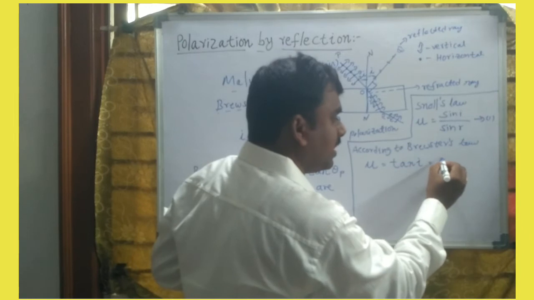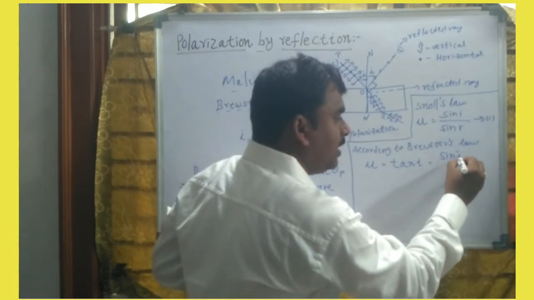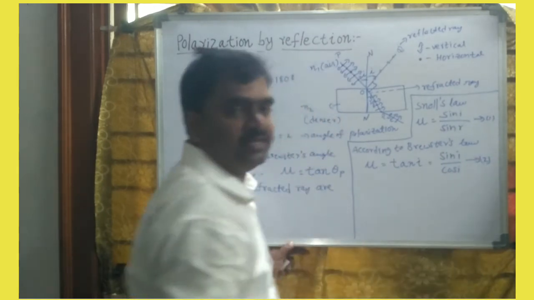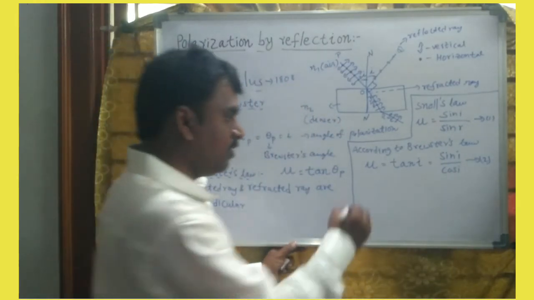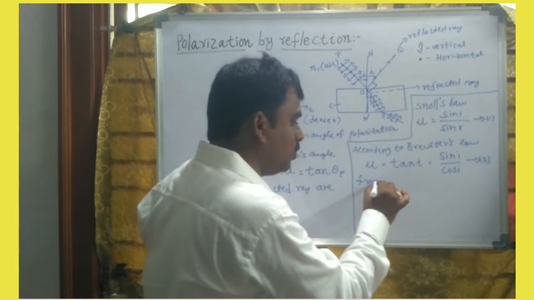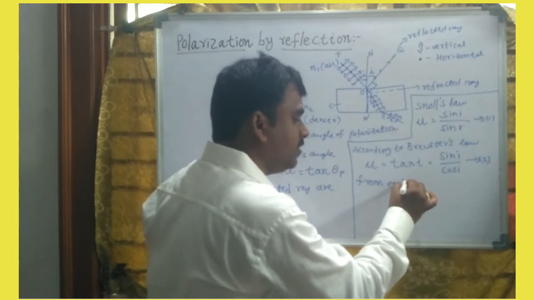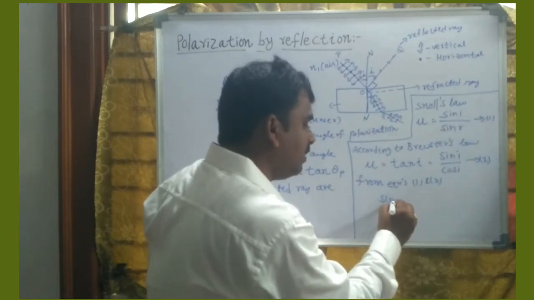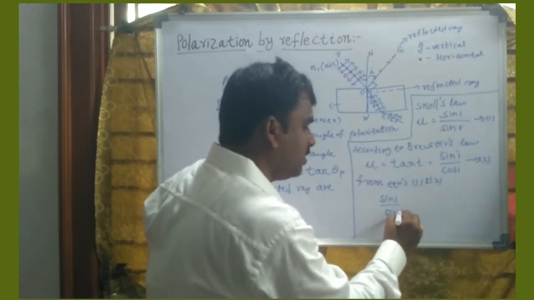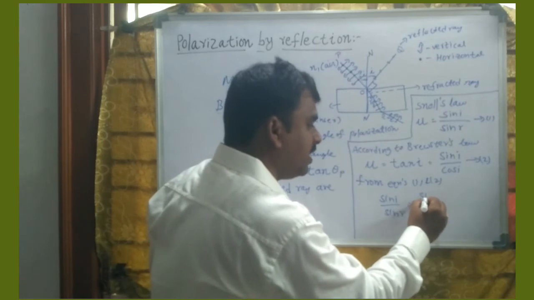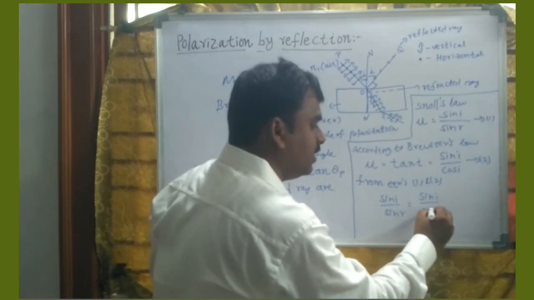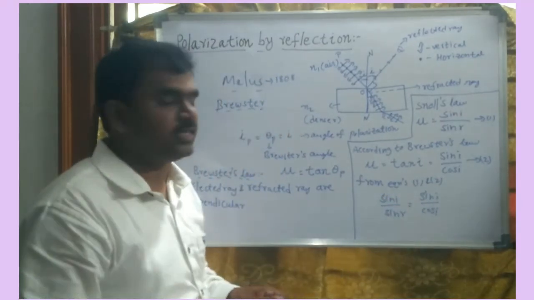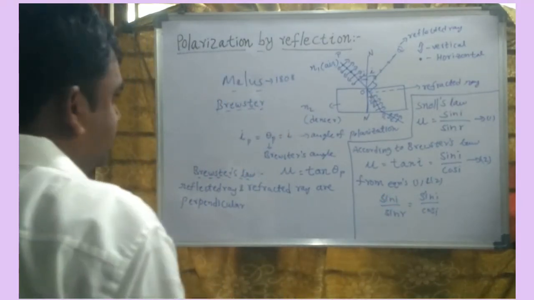That means we can write it as sine i by cos i. This is equation 2. From equations 1 and 2, sine i by sine r equals sine i by cos i. If the sines cancel, the equation can be written like this.